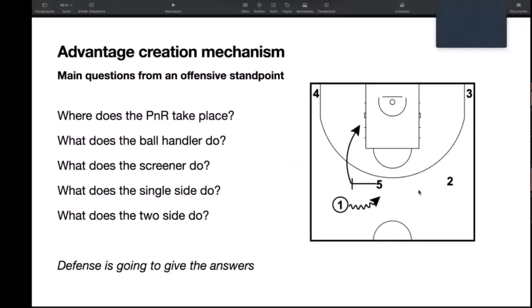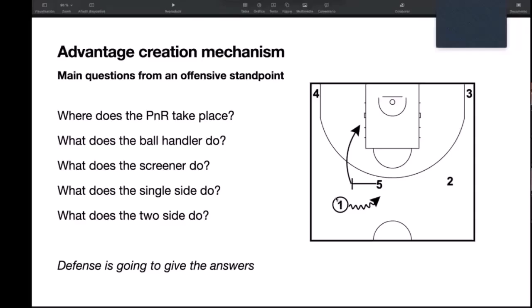And before we watch the videos and get into the spread ball screen defense and the different defensive choices, I would like you guys to ask these questions in order to punish these defenses. So for me, a very important question from an offensive standpoint is where the ball screen takes place, depending on the ball screen coverage.